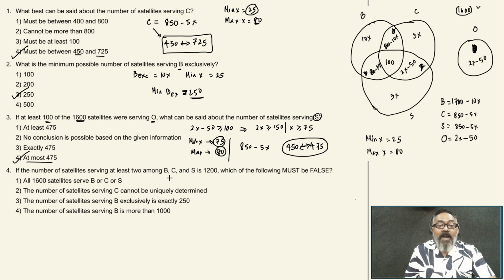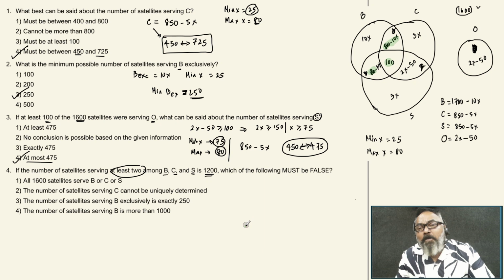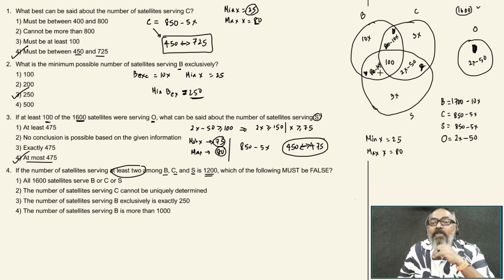If the number of satellites serving at least two of B, C, S is 1200, which will be these ones. Okay, no problem. This is simple maths. Don't worry. How many x's are there? This will be 800. With 800, 1600. 100 minus 50 is 50.